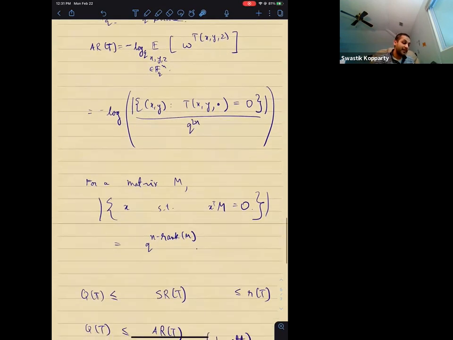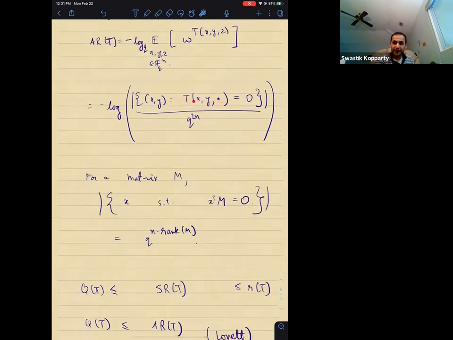The geometric rank just looks at that definition and notices that the set of x, y where T of x, y, dot is identically 0 is an algebraic variety. It's defined by a set of bilinear equations on x and y. Consider that variety and look at its dimension. Its dimension should say something about the size of this set. So let's just consider that dimension.